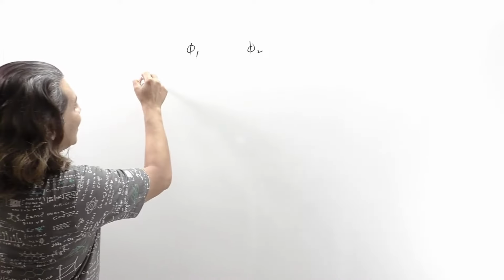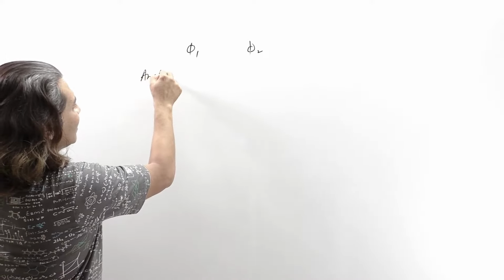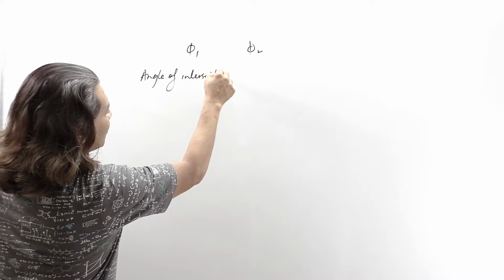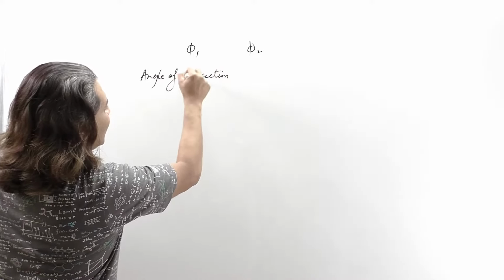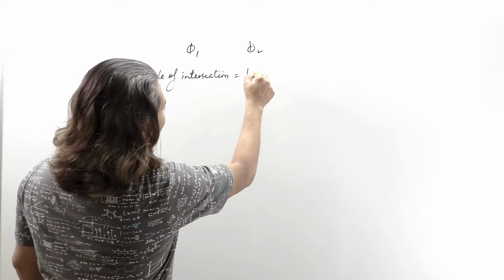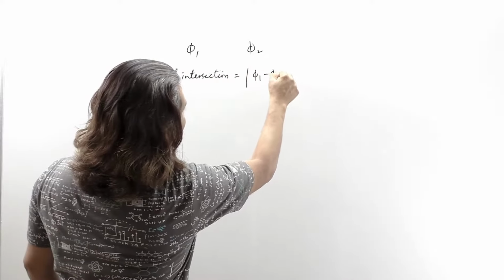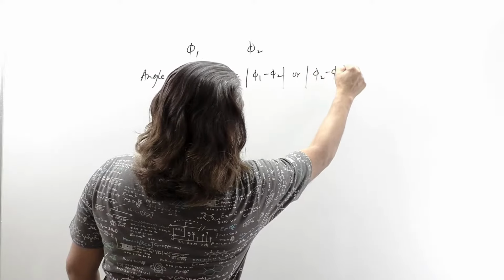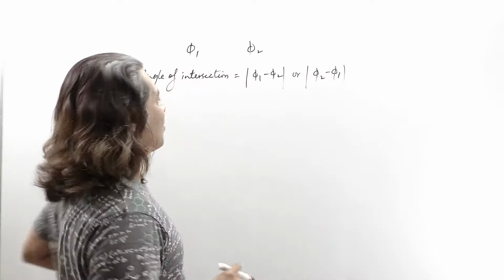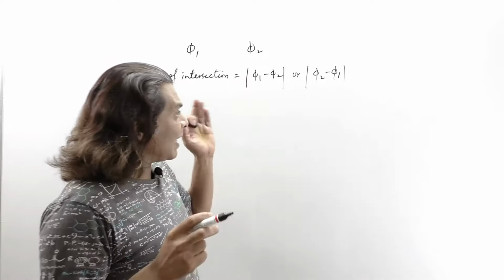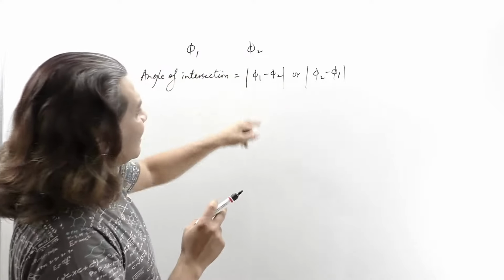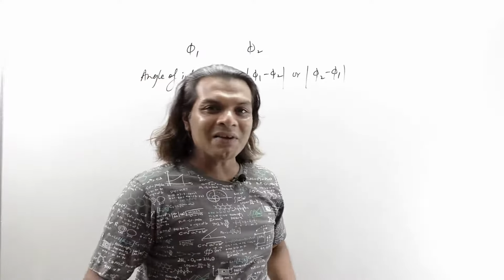Now, the angle of intersection is given as modulus of phi 1 minus phi 2 or mod of phi 2 minus phi 1, because angle is always positive. So this is the formula: we find phi 1, we find phi 2, just subtract, and there we get the angle of intersection.